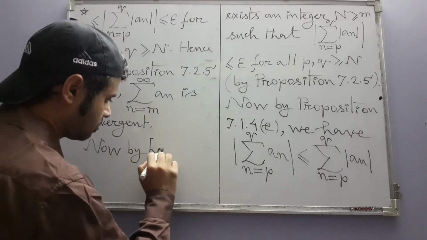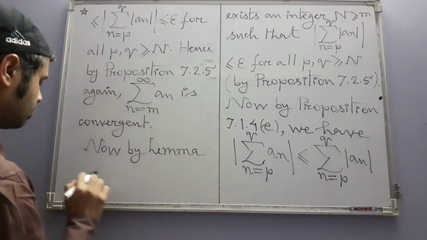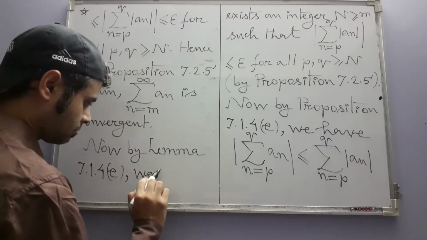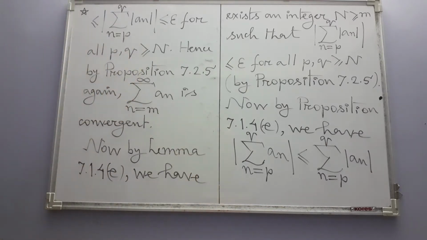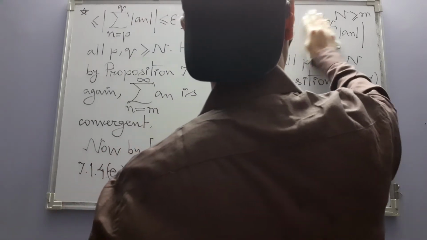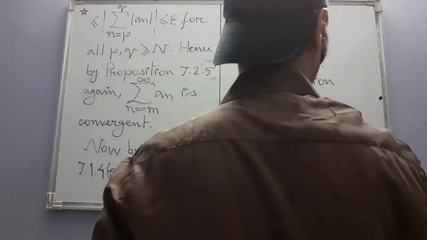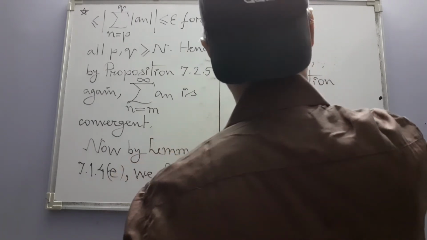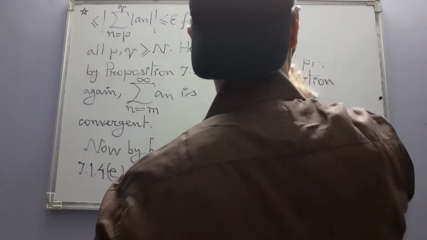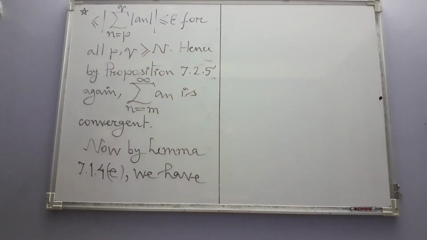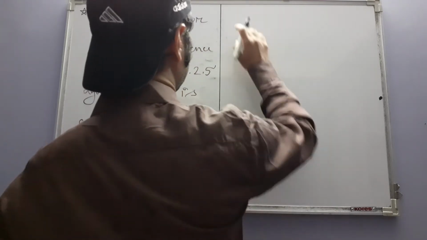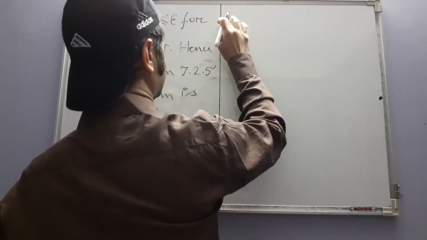So by lemma 7.14E, we have, shall I write it at once, or okay, we can just simply directly write what we are going to write.